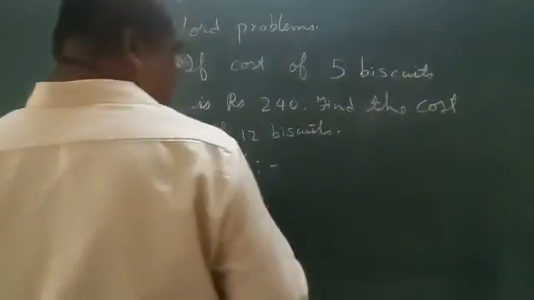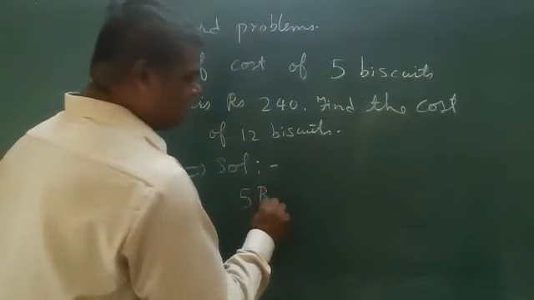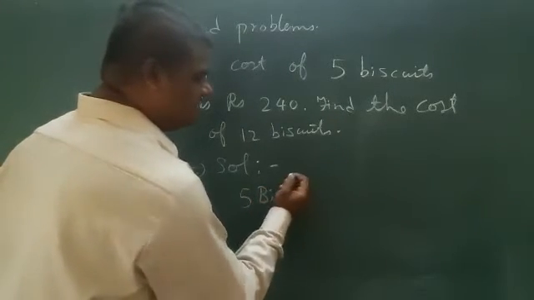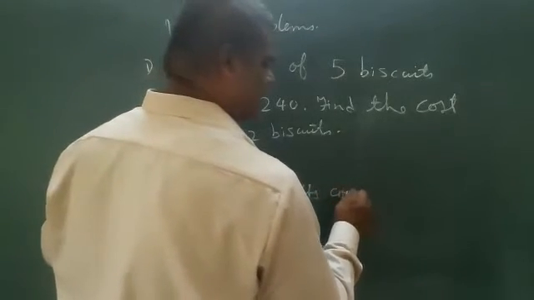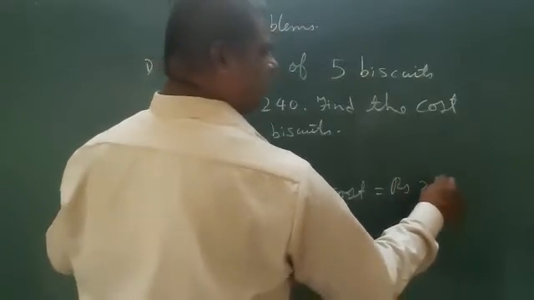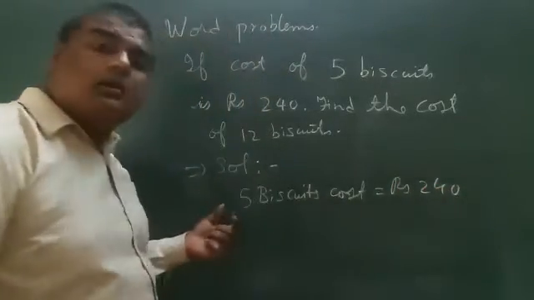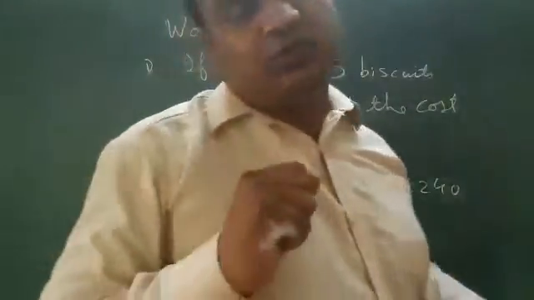Suppose given data, given information. 5 biscuits cost is going to be rupees 240. Now see here, 5 biscuits and 240 rupees. 5 बिस्किट के दाम 240 रुपये.